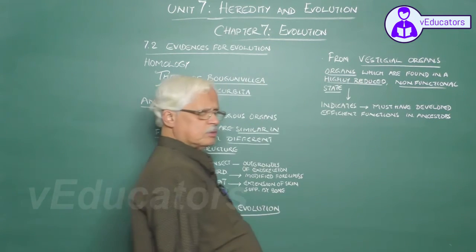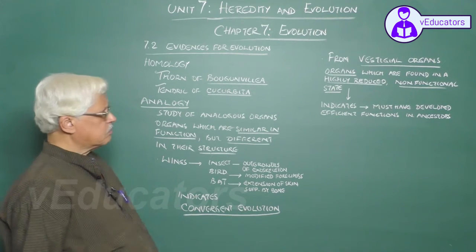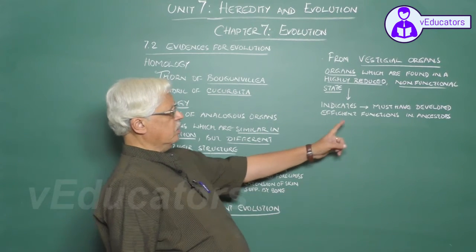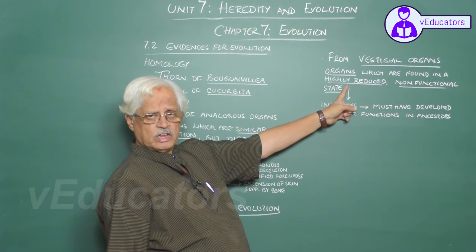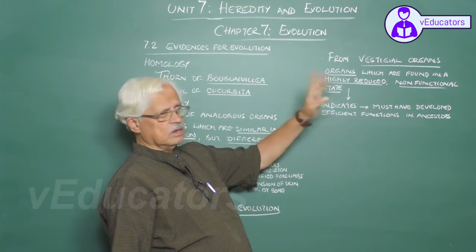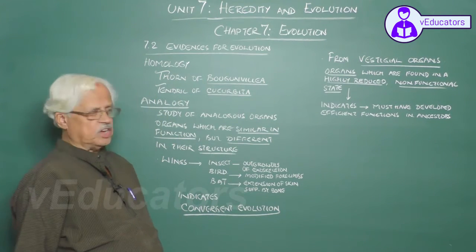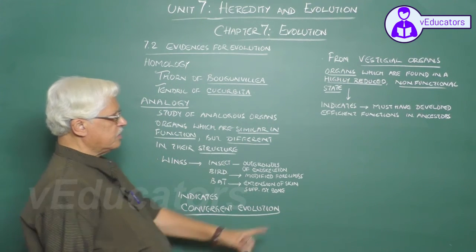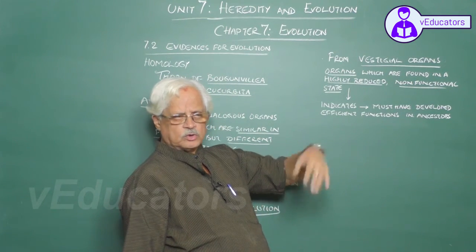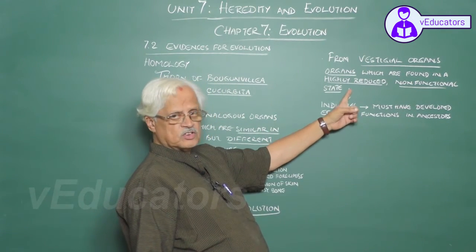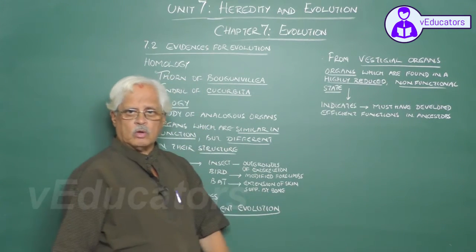In the ancestors, they must have had some significant function, but in the course of evolution, they gradually lost these functions. Therefore, they are present, not totally eliminated, they are present in a highly reduced non-functional state. So, indicating that evolution from ancestral to present stage has shown this modification. Certain structures have become reduced, certain structures have become non-functional.